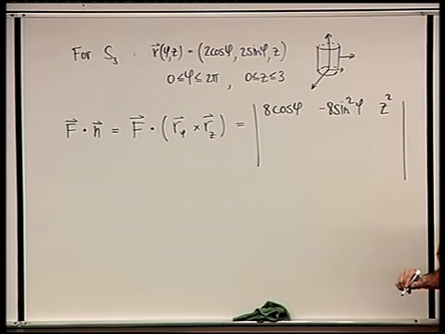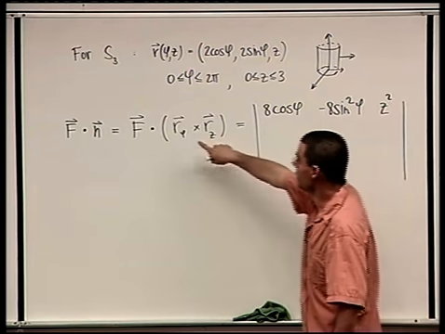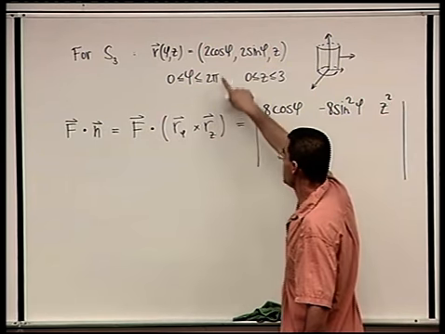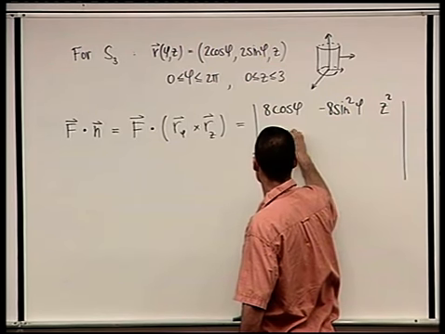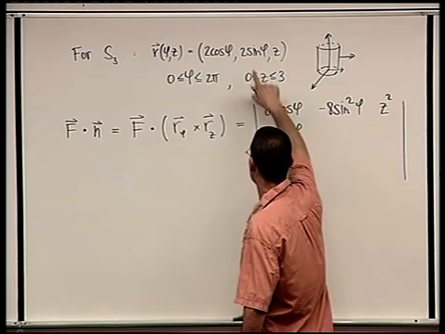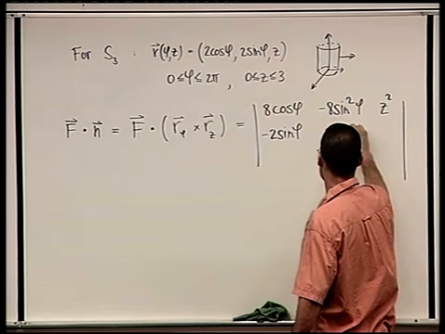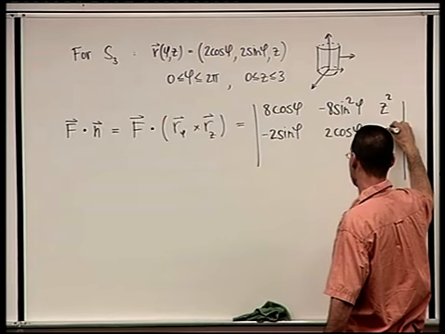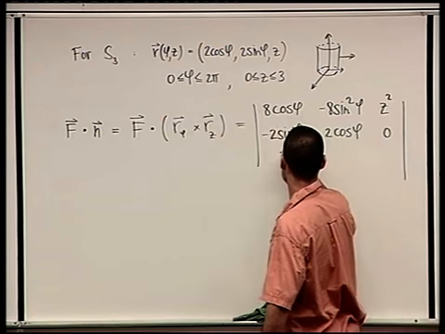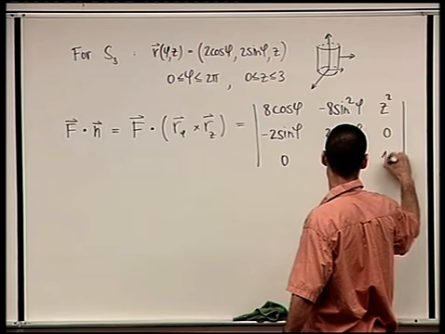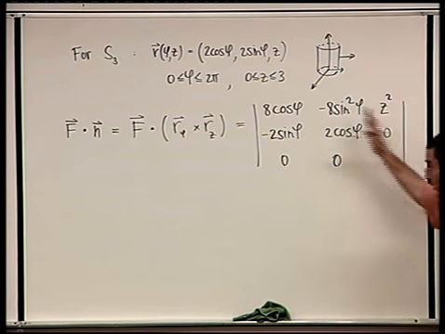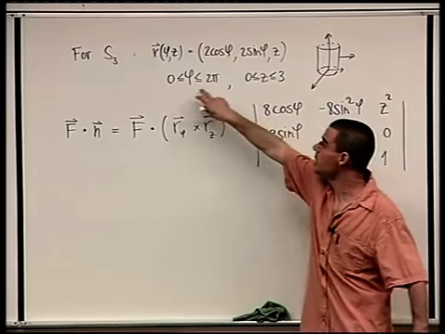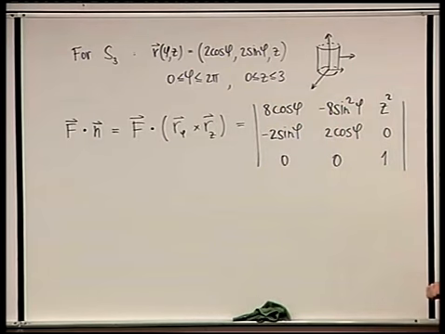Okay? Now, what are the derivatives of R with respect to phi and z? With respect to phi, I have here minus 2 sine phi, 2 cosine phi, and 0. And the derivatives with respect to z are 0, 0, and 1. Do you agree? Good? This should be a function in phi's and z's, in the parameters, u and v in general.